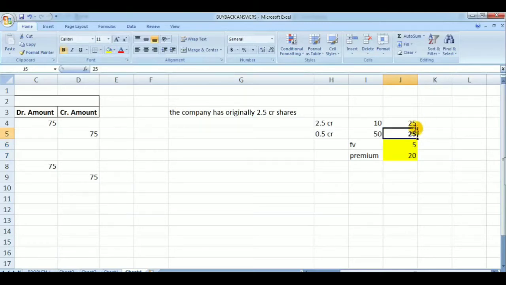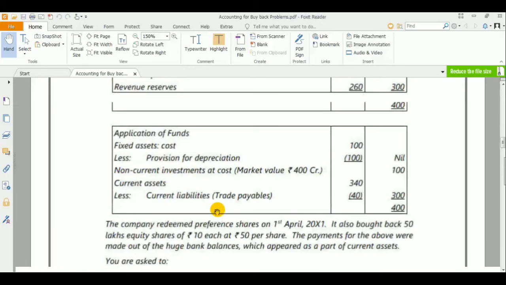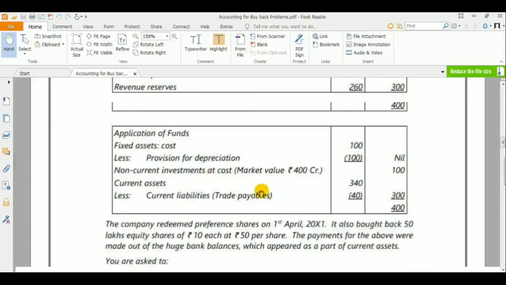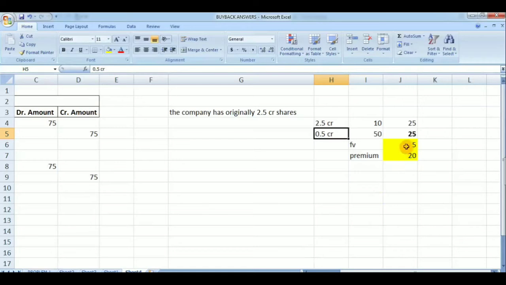We are paying 25 crores to equity shareholders and buying back their shares. From that, 5 crores is the face value, 50 lakh shares multiplied by 10 rupees.